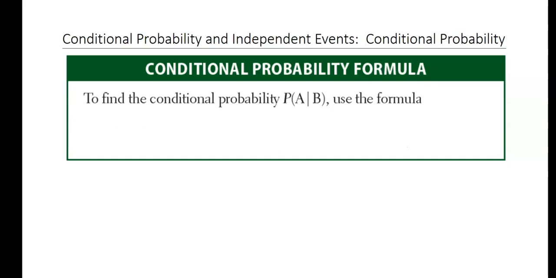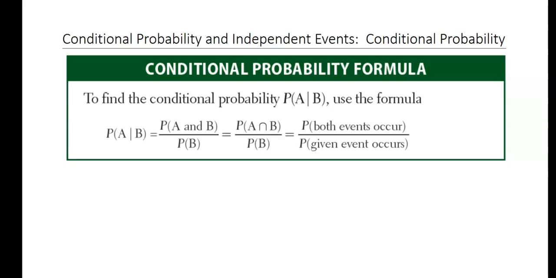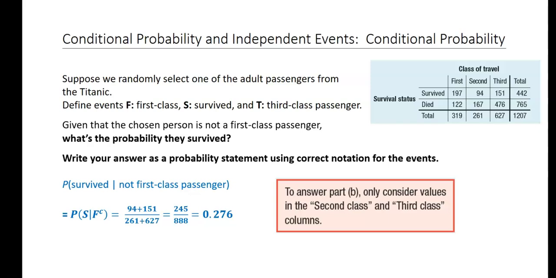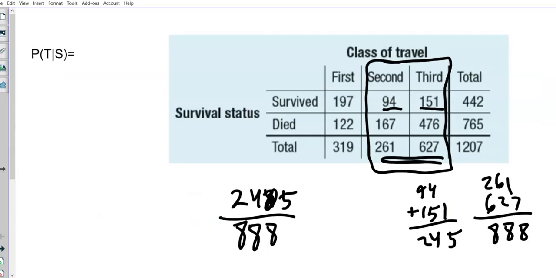To find the conditional probability, the probability of A given that B has happened, use the formula. You could be a formula person and use this if you wanted to. It's a different way of doing this problem. If we go back to that last one, probability of A given B is probability of A and B divided by probability of B. In this case, the probability of not a first class passenger is not first class, which we already added up.